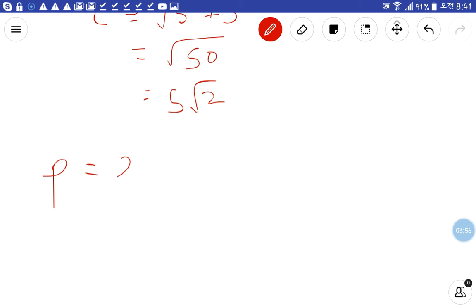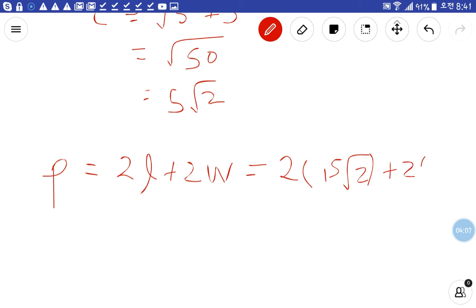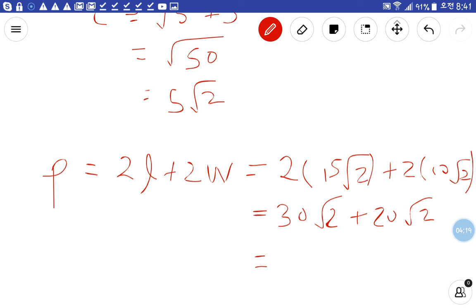Perimeter is 2 times L plus 2 times W, so plug in the numbers. What do you have? 2 times 15 radical 2 plus 2 times 10 radical 2. Now what? 2 times 15 is 30 radical 2, plus 2 times 10, 20 radical 2. Since we have the same index and radicand, add them up. 50 radical 2. What is the unit? Inches. That is going to be the answer.